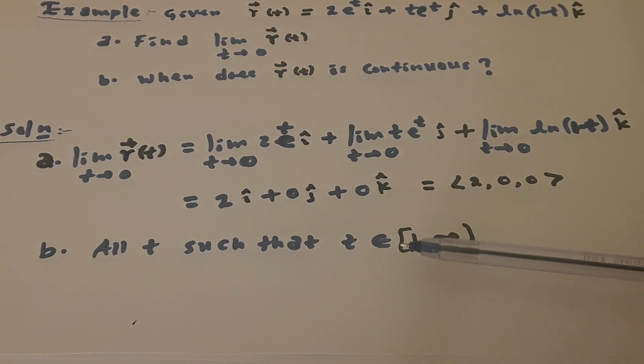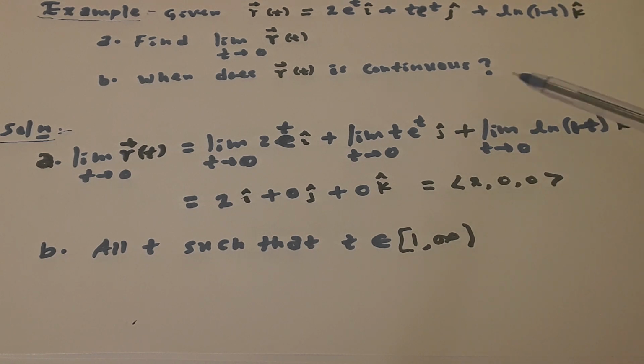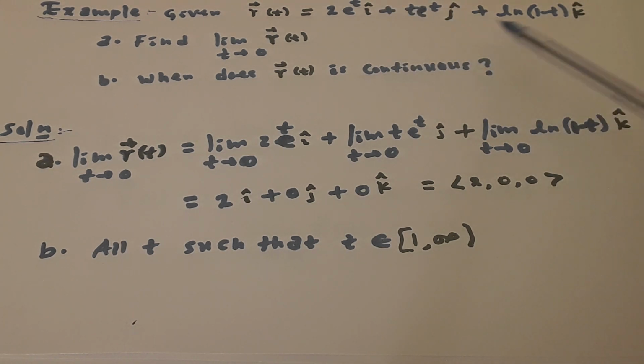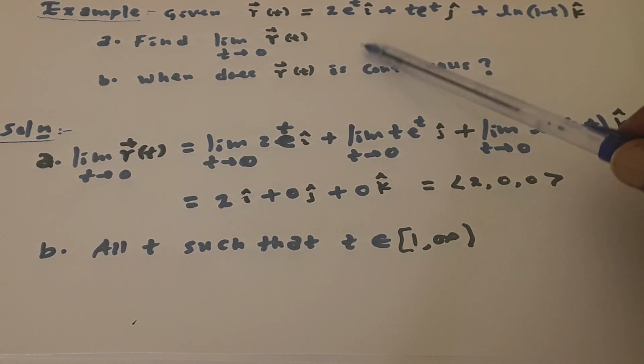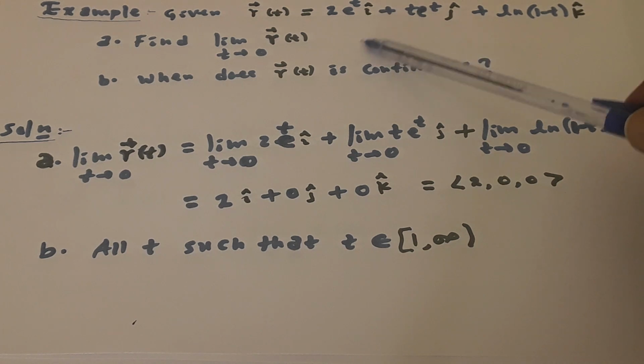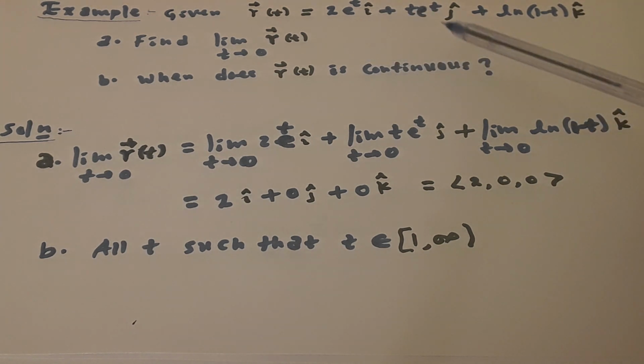At what values of t is this vector valued function continuous? Here we have to look at the individual scalar valued functions for each component, and where each is defined. e^t is defined everywhere, so the exponential function is continuous with no restriction. Similarly for t e^t.